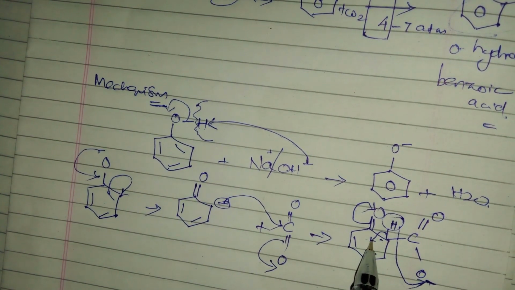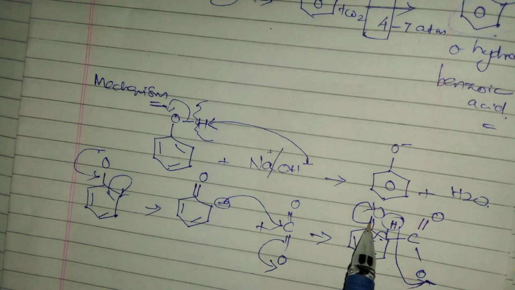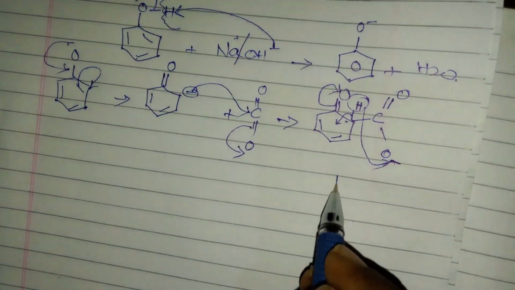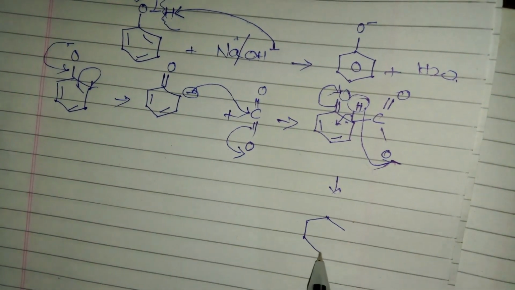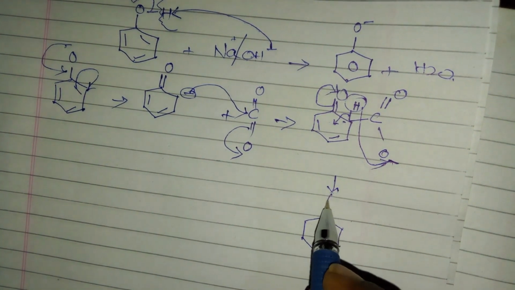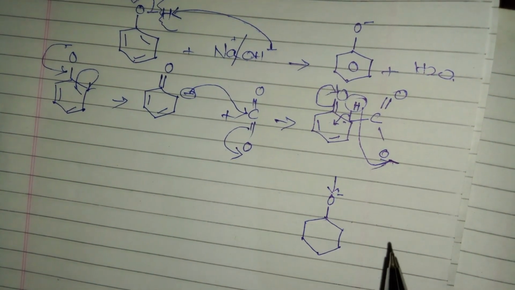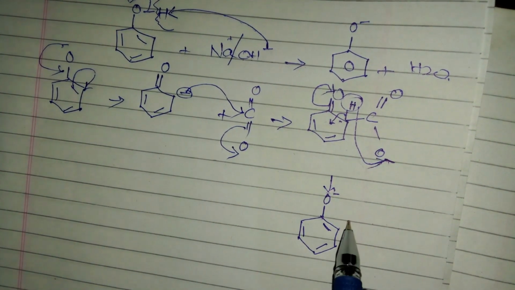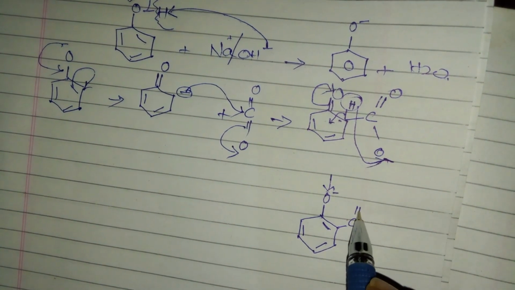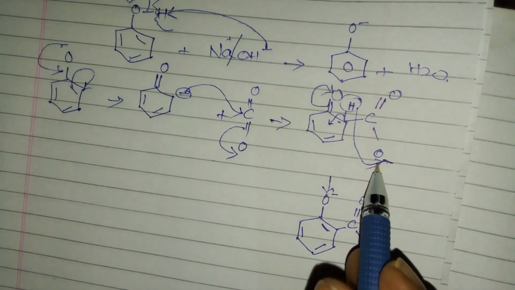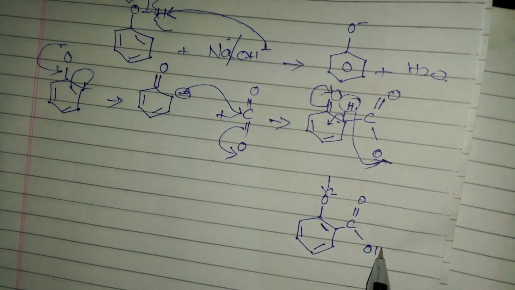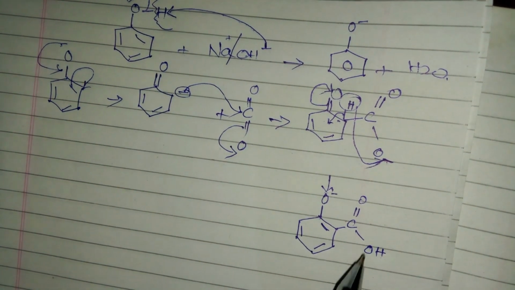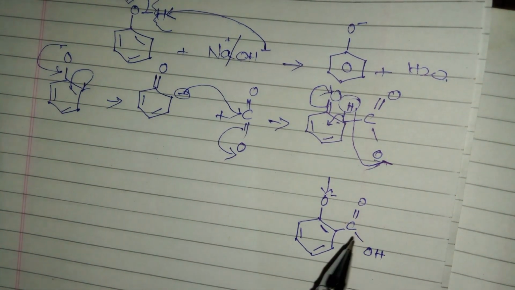By this action, the oxygen takes its electron back and there becomes a single bond. Is it clear? Let me write it here. Now the oxygen has taken back its electron, so it acquires a negative charge again. Here a double bond comes, the other bonds are as usual, and here C double bond O is there, and this oxygen has abstracted this proton, so COOH. This is not the product, it's an intermediate now.